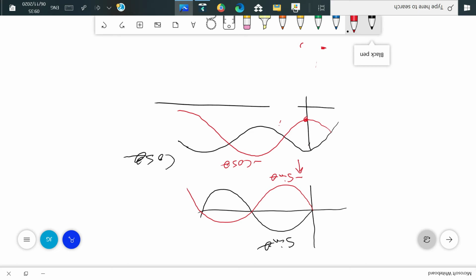A cosine curve will either be on its way down from the top or on its way up from the bottom. And a sine curve will either be just beginning to rise up the hill or just beginning to head down the hill. So just be aware of the difference between the two.